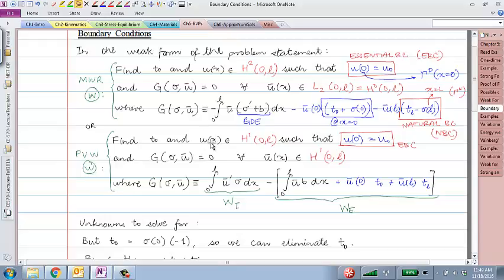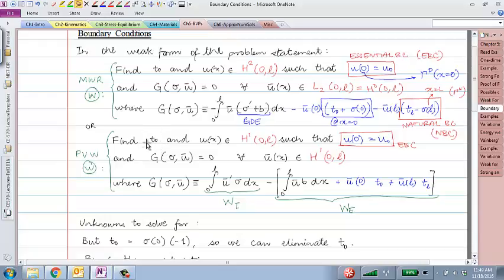Take the derivative of u, that gives me strain, u prime is strain, c times u prime is the stress, right? So if I have the stress, I can easily find out the reaction at the left end by taking sigma 0 acting on -1, right? That is the boundary condition at the left end.